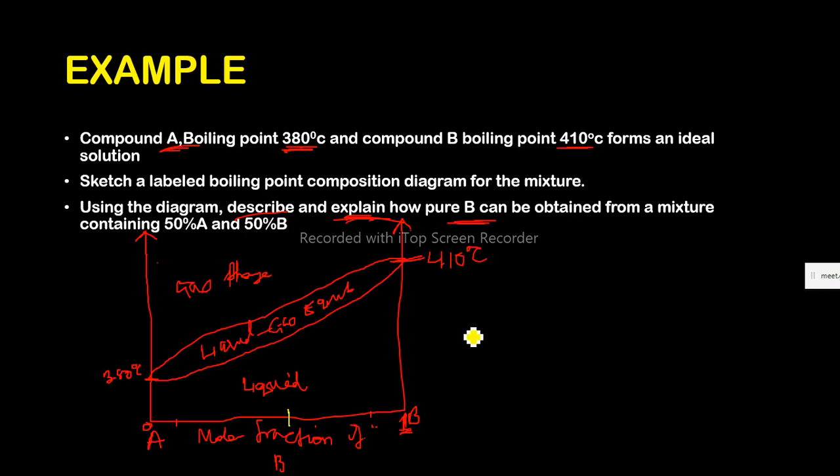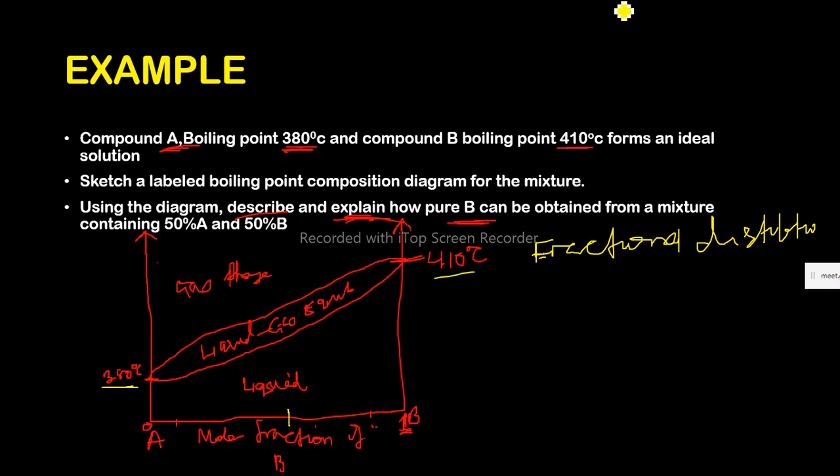Obviously, you have to use fractional distillation, and this is a mark, whereby the two have different boiling points. However, the difference in the boiling points is not so much that you can use simple distillation.